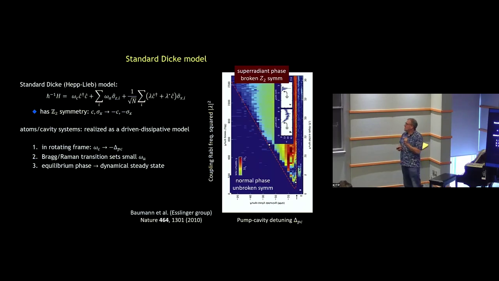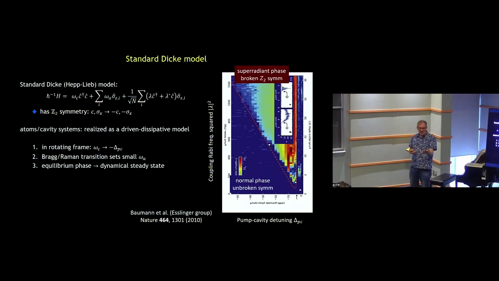A second practical difference is that the excitation energy of an atom is now set by some low energy value depending on what two-photon transition you're driving in the atom. But the third point, and this is the most important one, is that in these driven dissipative systems, you're no longer studying an equilibrium phase diagram. You're asking, does my system reach a steady state? And if it reaches a steady state, what is that steady state?